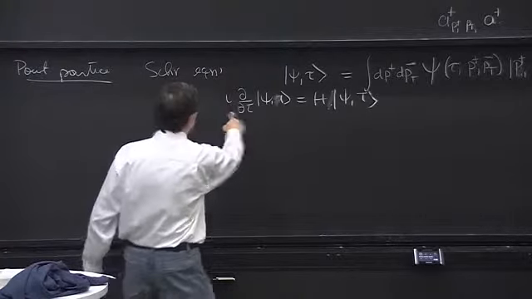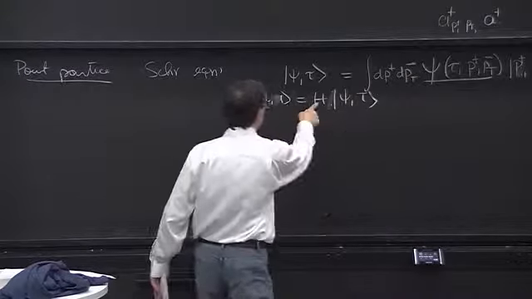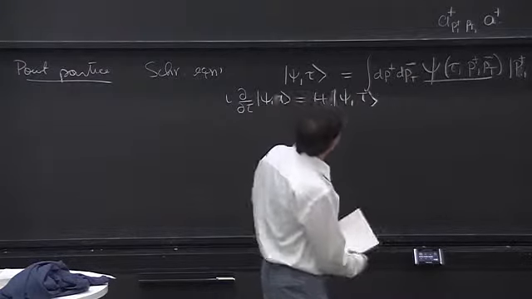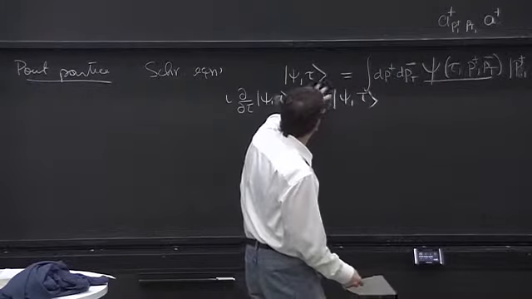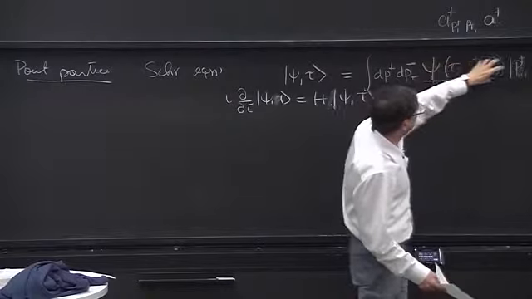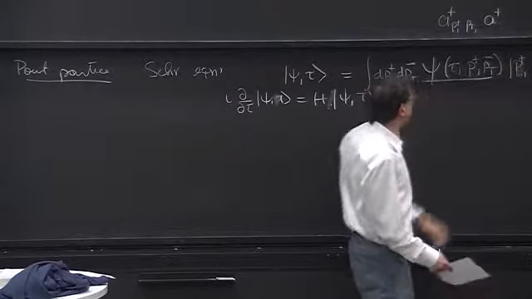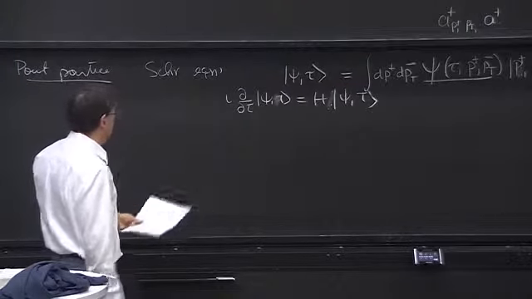If we do d/dτ of this thing, the d/dτ goes into the psi. The H operator is p transverse squared over 2m squared. So the H operator comes in here, goes through the psi, doesn't care, goes to the state and puts p transverse squared plus m squared over 2m squared.